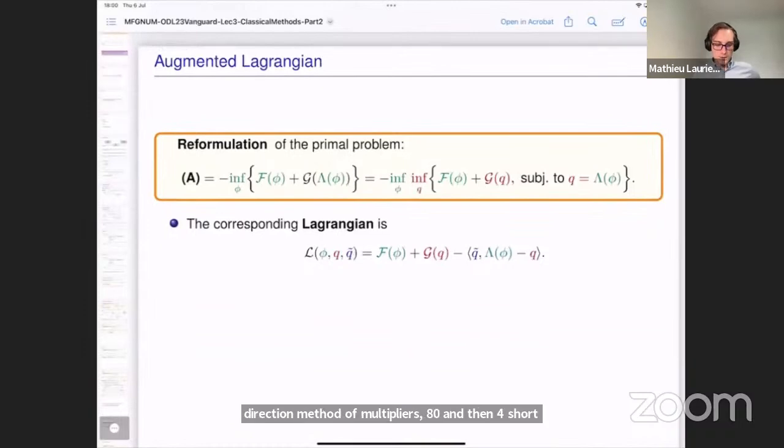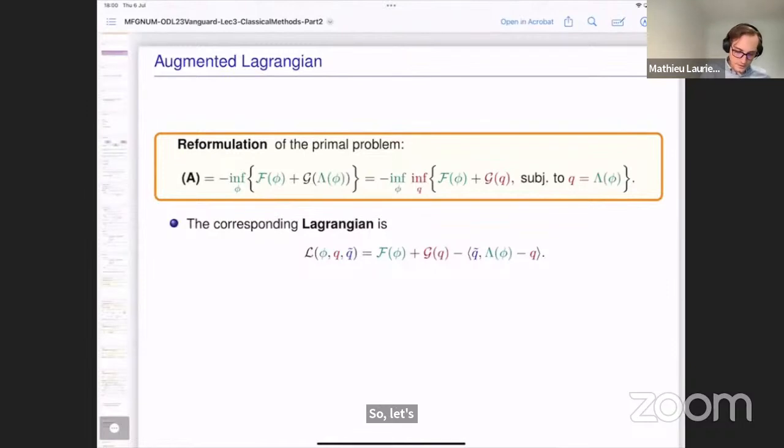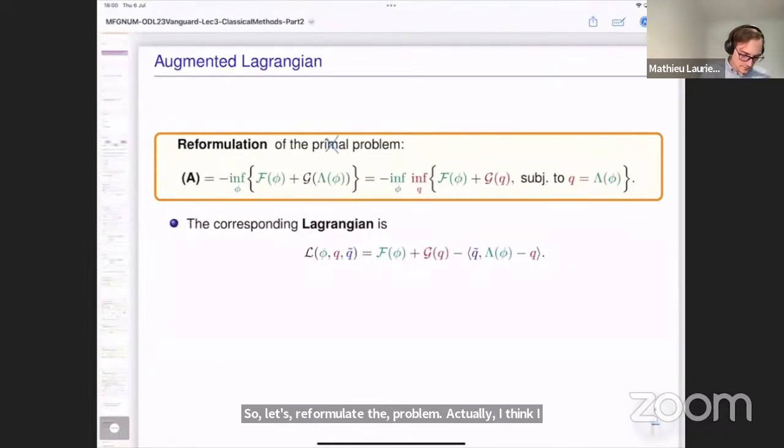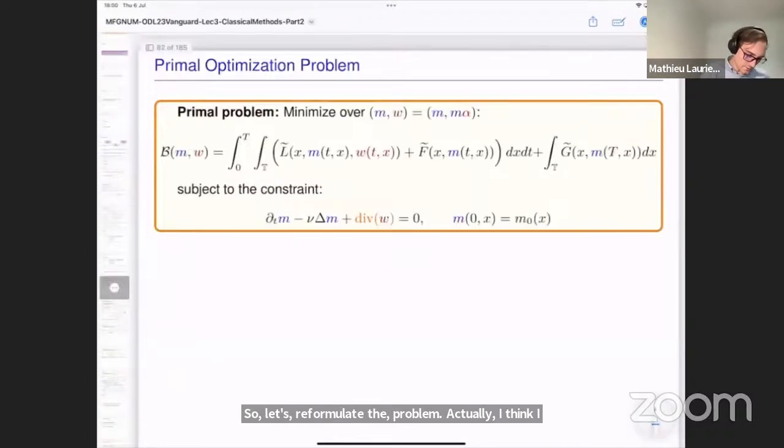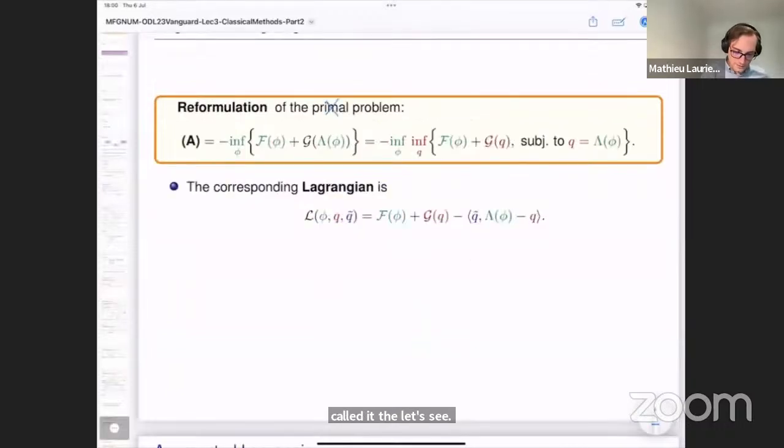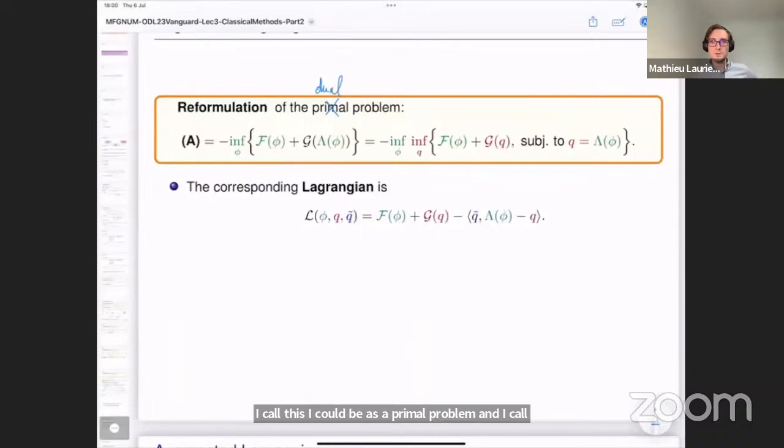So let's reformulate the problem. I called B the primal problem, and I call this one the dual problem, but anyway, it's just the terminology. So we have this problem A, which is written as the inf of F plus G, as I presented in the previous slide.